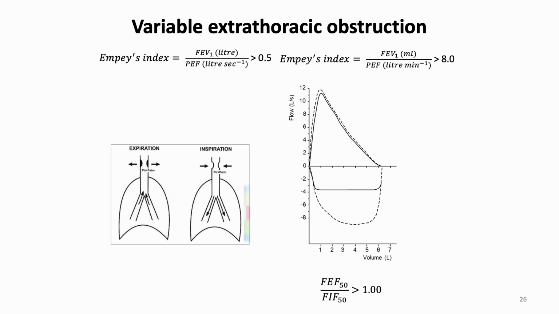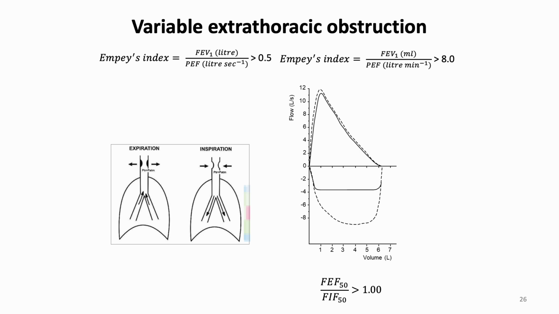We'll start out with the variable extrathoracic obstruction. First of all, I want to introduce to you the so-called Empey's index. Empey's index is the ratio between FEV1 and peak expiratory flow. Now, it's from a classical paper, and in that paper, FEV1 was reported in milliliters and peak expiratory flow in liters per minute.